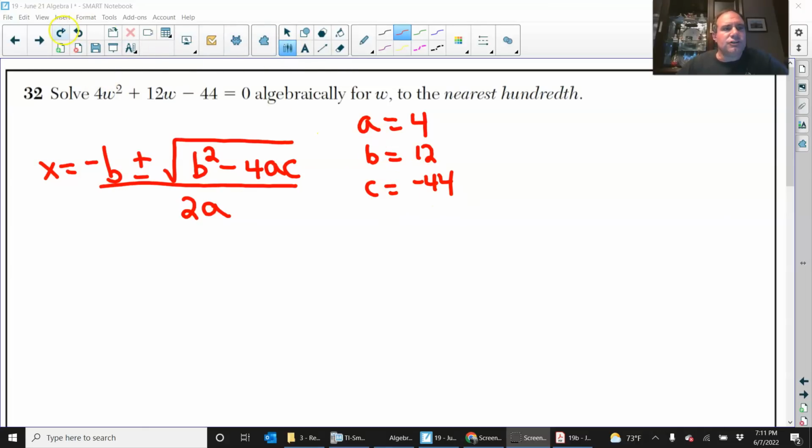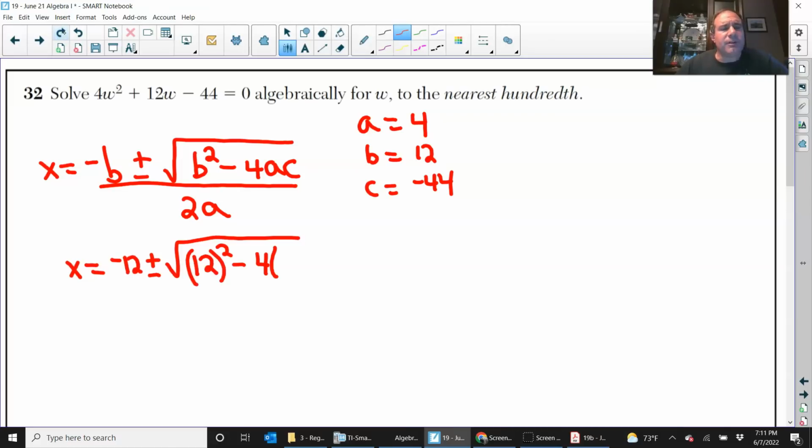Exactly what I put there. So when you go ahead and you put this down for negative B, you're putting negative 12, and then you're putting plus or minus the square root of B squared, which is 12 squared, minus 4 times A times C, which is negative 44.